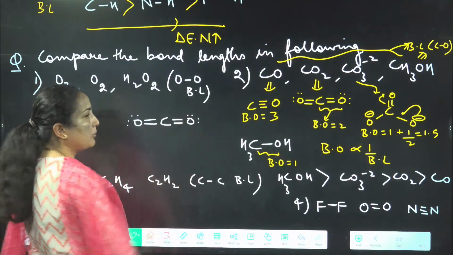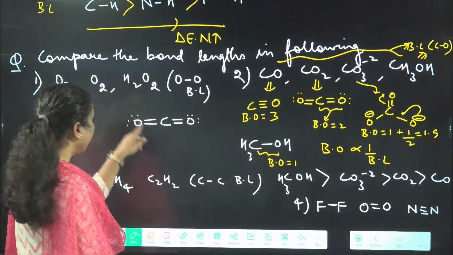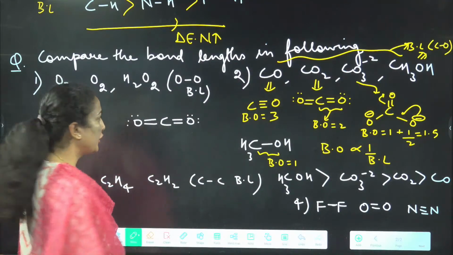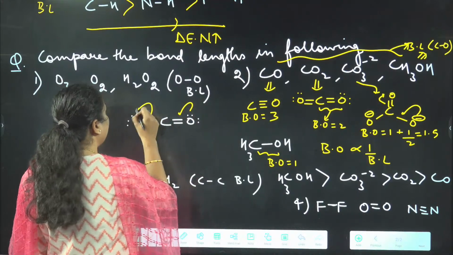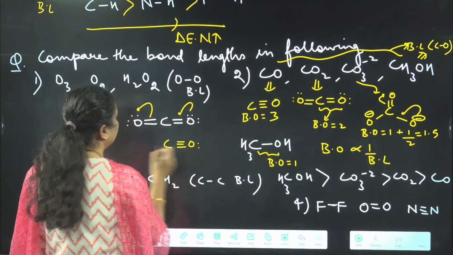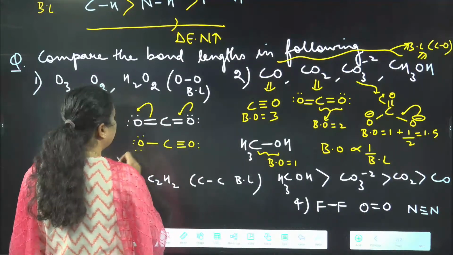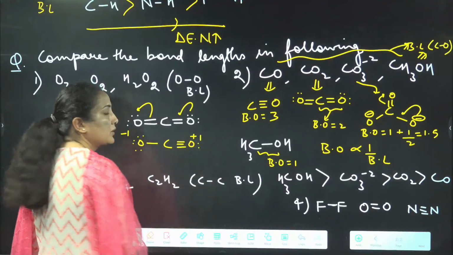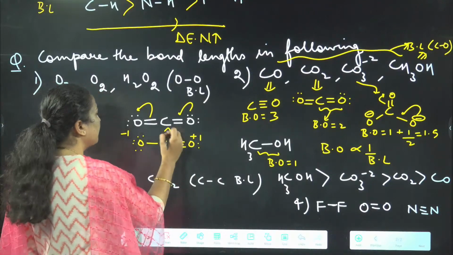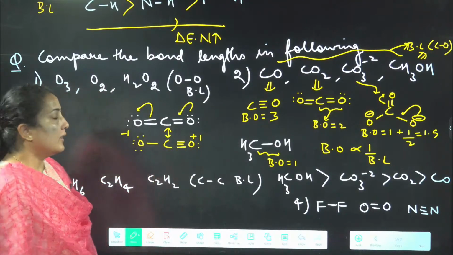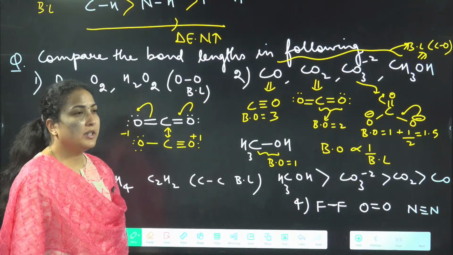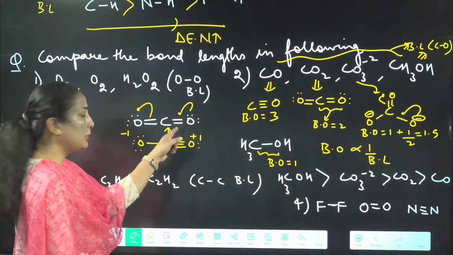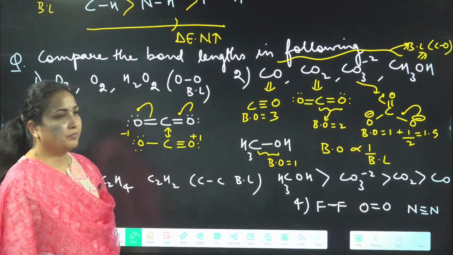Lone pair, single bond, double bond. You need the conjugation. Like this, it is possible. C triple bonded O. You will be having 1, 2, 3, 4, 5, 6, minus 1 like this, plus 1 like this. Resonance phenomena is possible. That is the reason it is often said that the CO bond length in carbon dioxide is intermediate between a double bond and triple bond.